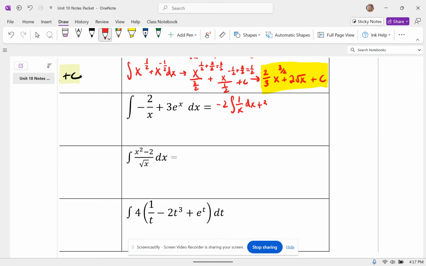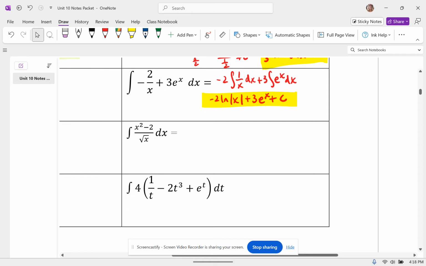And then I'm going to pull out a 3, because then it becomes really clear what I'm trying to integrate here. Now I'm going to have negative 2 times the ln of the absolute value of x plus 3 e to the x plus c.